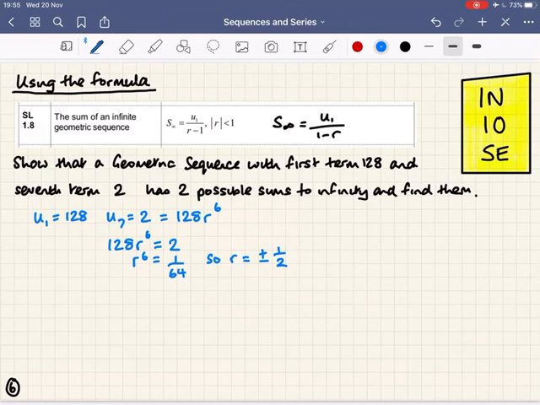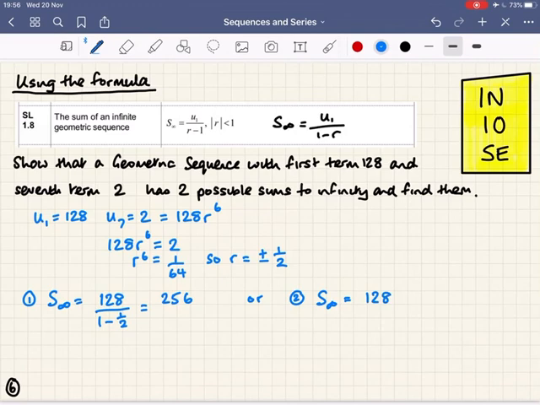So we have two sums to infinity. So number one, we have a sum to infinity which is equal to first term 128 over 1 minus r, where it's positive, 1 minus a half, which is equal to 256. Or alternatively, number two, sum to infinity equals 128.